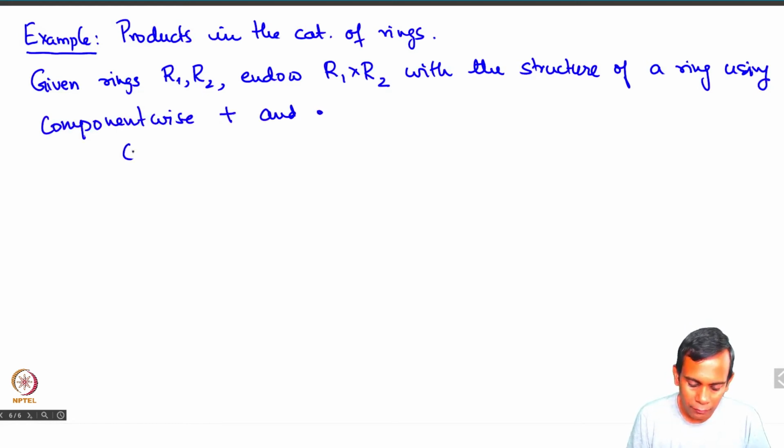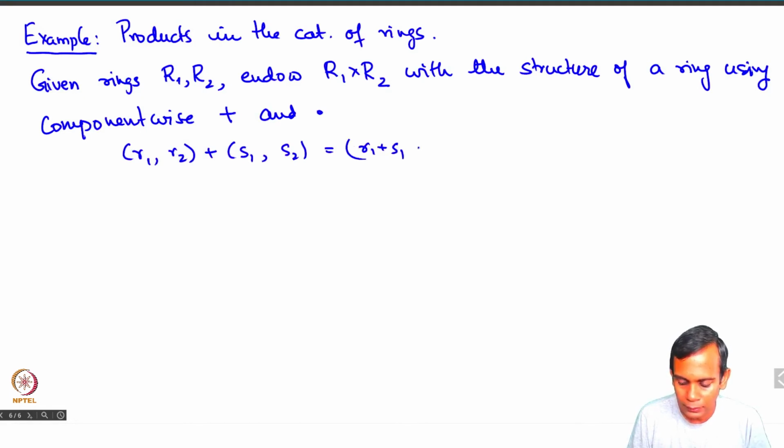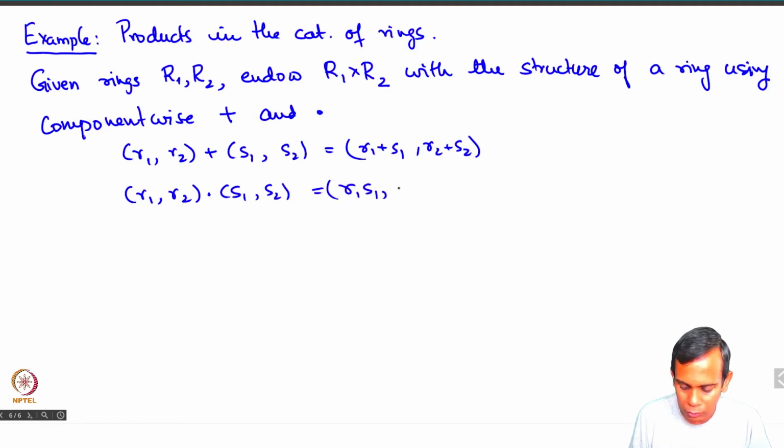Okay, so you have (r1, r2) plus (s1, s2) equals (r1 plus s1, r2 plus s2), and you have (r1, r2) dot (s1, s2) is (r1 s1, r2 s2), and this gives rise to a ring structure on R1 cross R2.